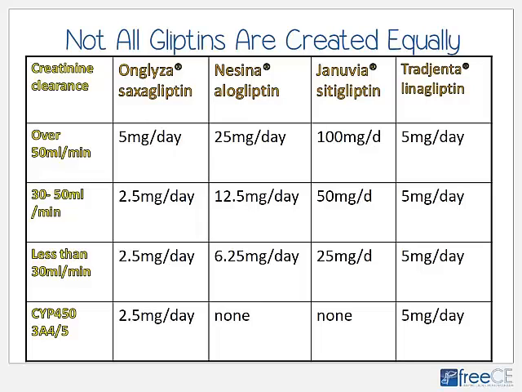They also do not require any adjustments based on cytochrome P450 3A4 drugs administered at the same time. We can see that Januvia we have to adjust for creatinine clearance. Nesina has to be adjusted for creatinine clearance, and Onglyza needs to be adjusted between its two doses of 5 and 2.5 based on creatinine clearance.